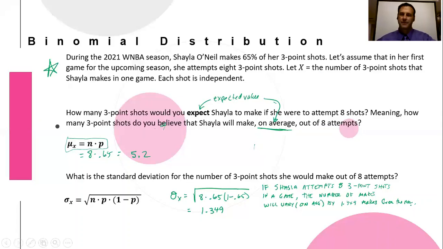There you go. Will they ask you to interpret your standard deviation? Not always, but if they did, there you go.